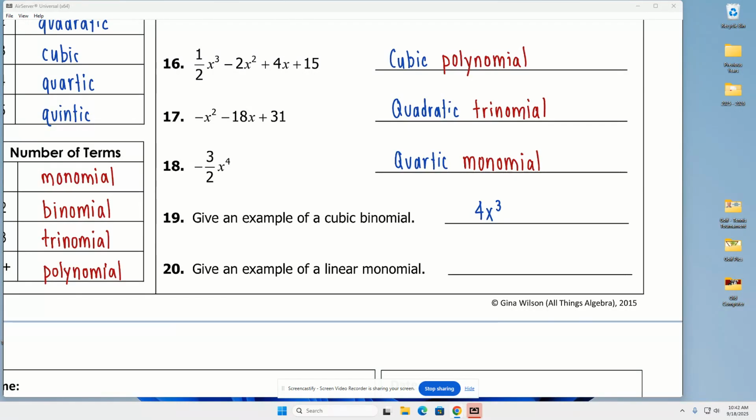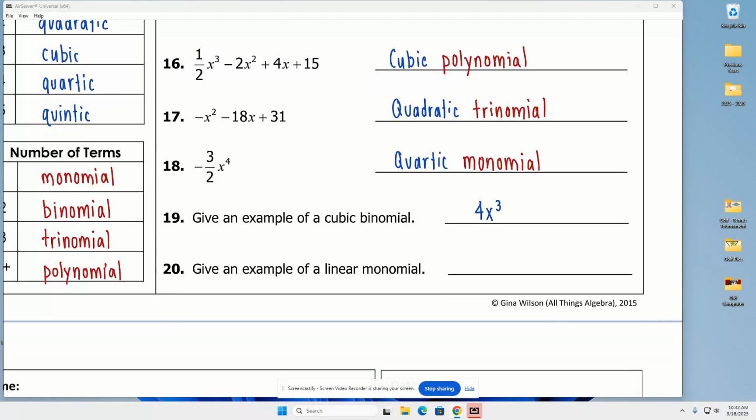Now, the next term says binomial. Binomial means it has to have how many terms? 2 terms. Well, we already have one term. But let's do a second term. What has to be the case with the second term? It has to be any term that is smaller than x cubed. Think about it. If I did an x to the 5th term, all of a sudden, didn't I just change the degree?